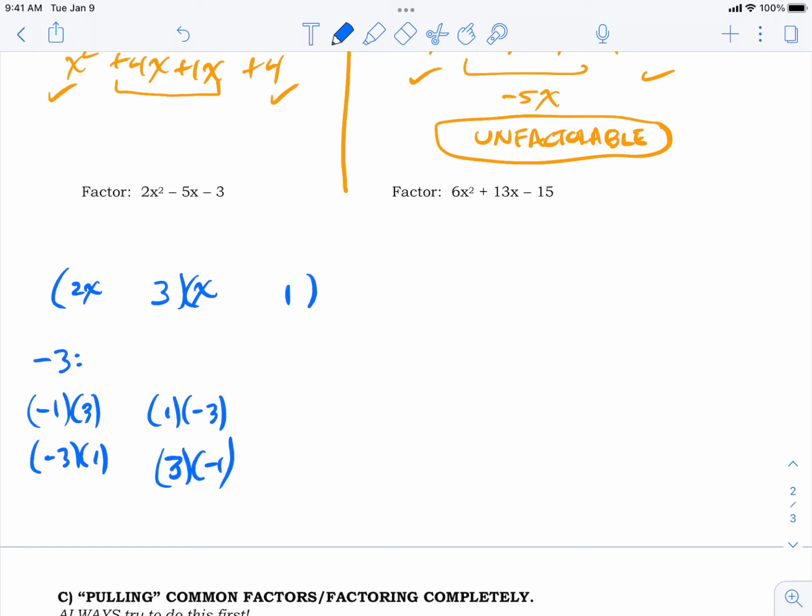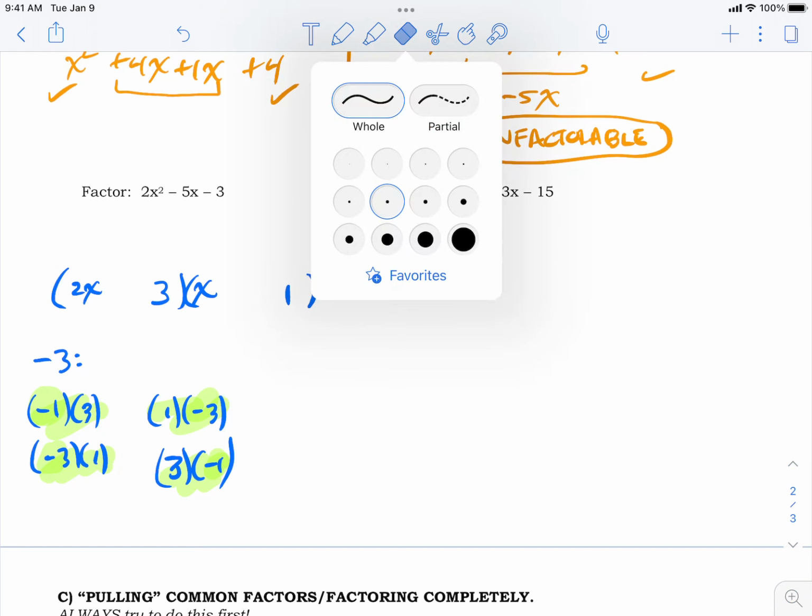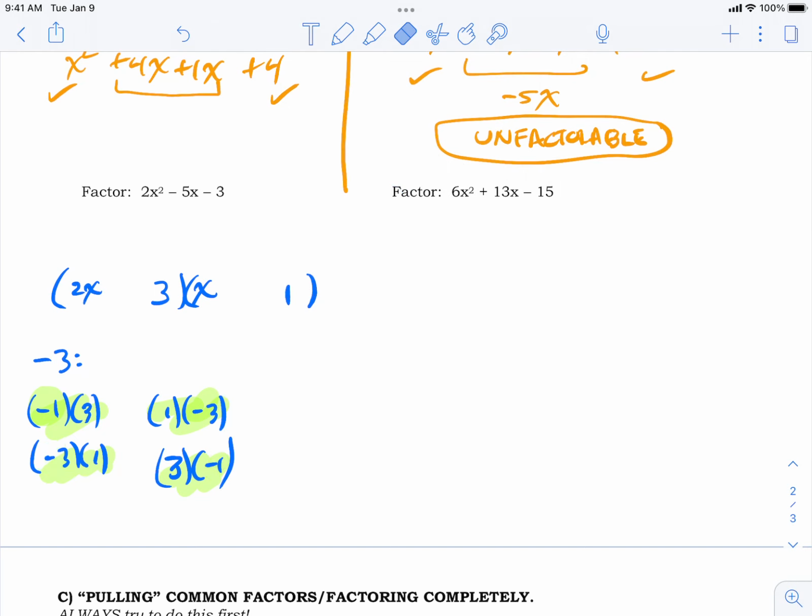I'm trying to get all 4 possibilities here. It's either 1 times 3 where the 1 is negative or the 3 is negative, or 3 times 1 where either the 3 is negative or the 1 is negative. There's the 4 ways that you can do this.